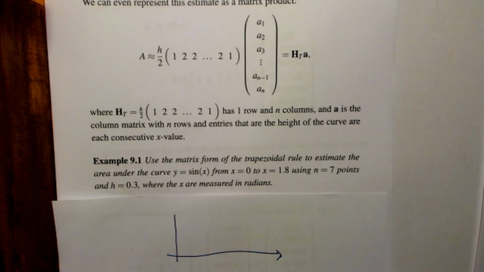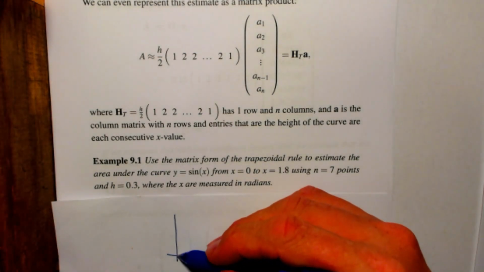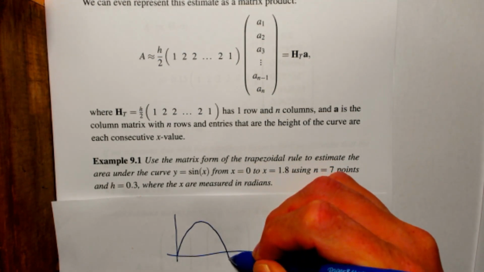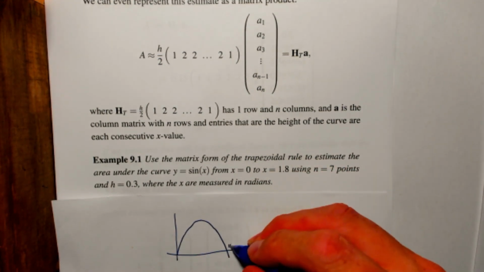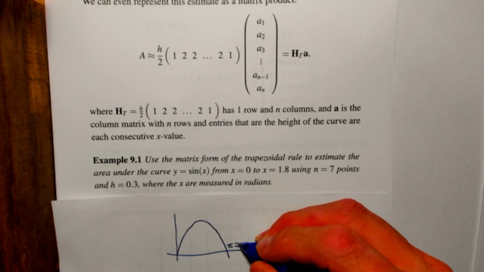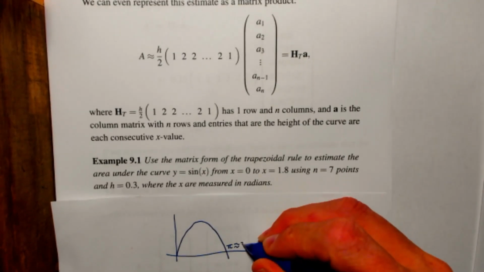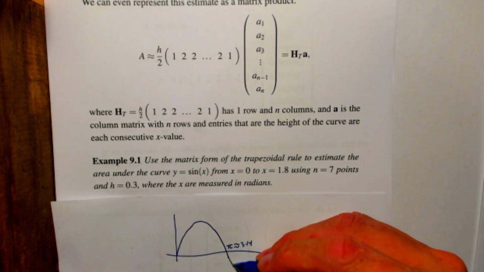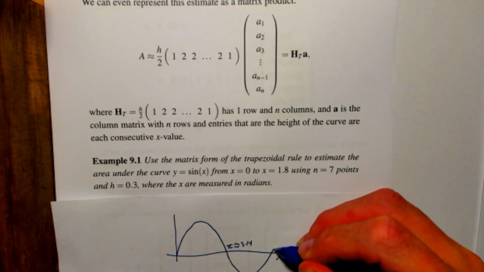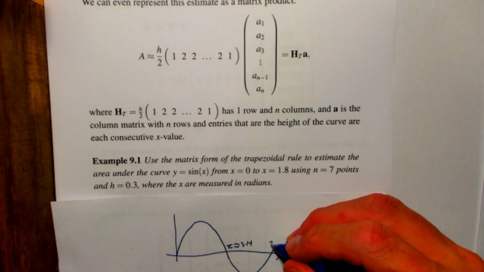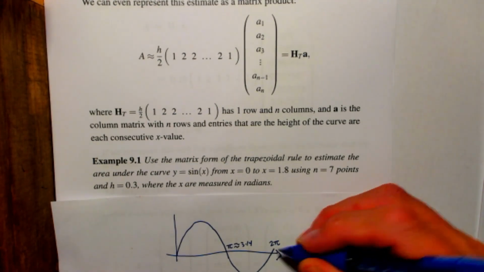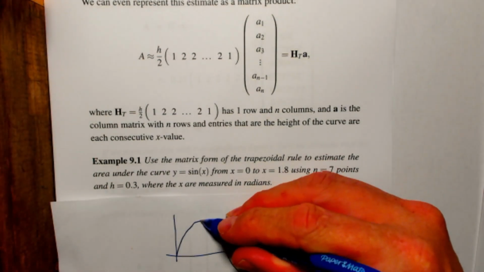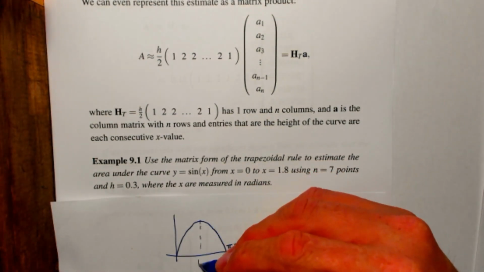Now this would be in radians, okay, so sine starts at 0, crosses at pi, which is approximately 3.14, and then it returns at 2 pi, so something around 6.28 or so, and then this right here would be pi on 2.